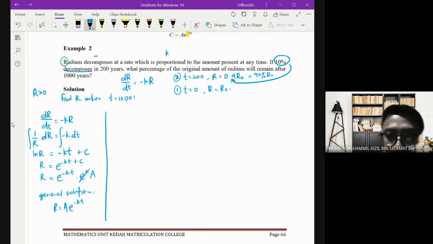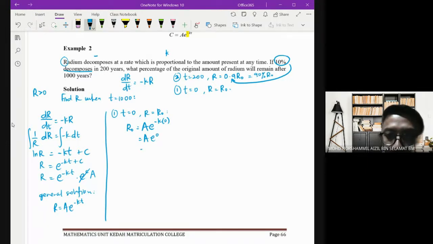Alright, so by using the first condition, t equals 0 when R equals R0. Therefore, from the general solution, R0 equals A exponential negative k times 0. So what does it mean? Negative k times 0, R0 is maintained, A e power of 0.